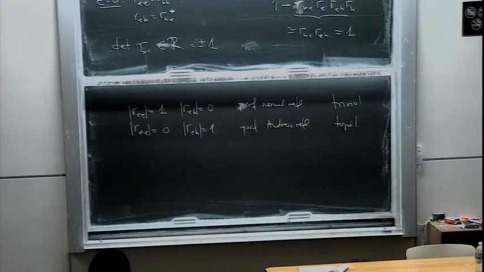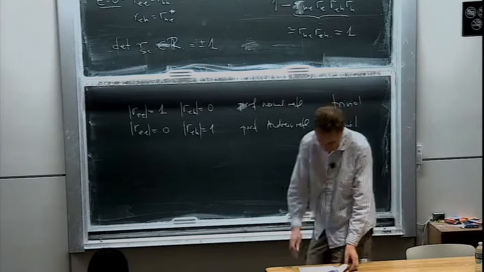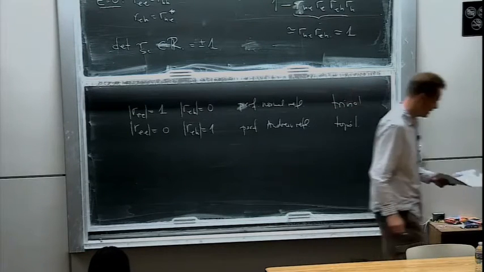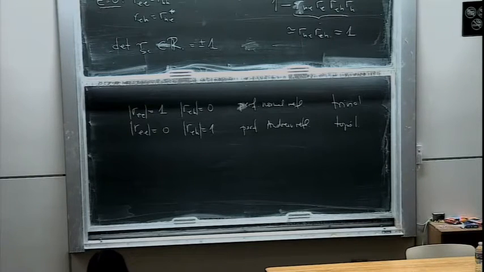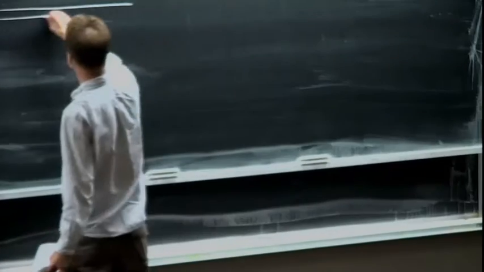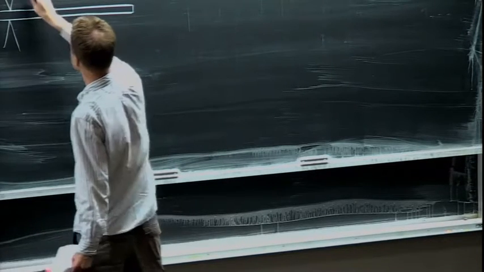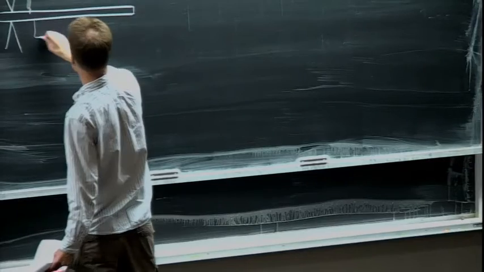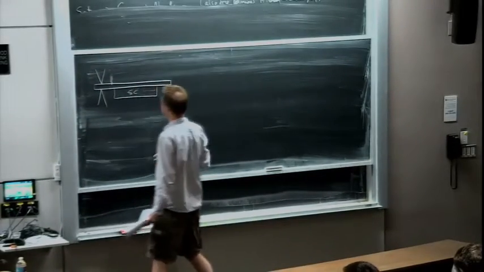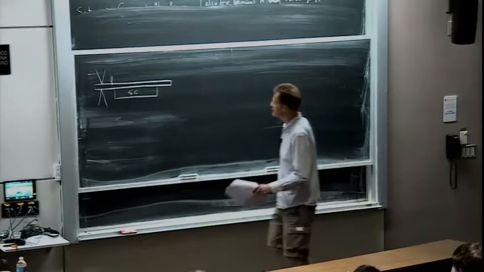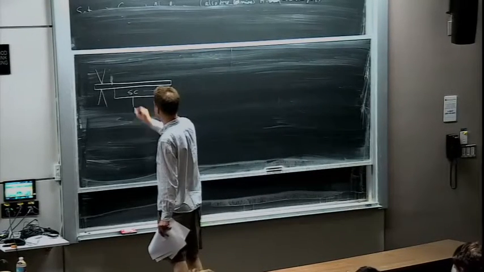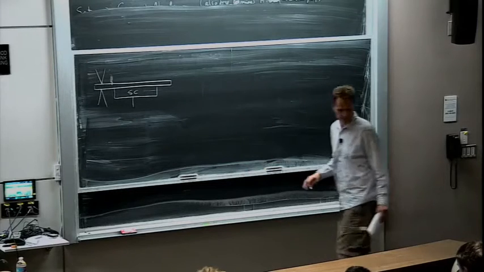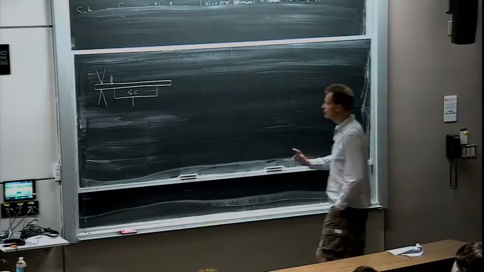So now let's change the setup a little bit and do the following. Another thing you may naturally think might be interesting is to have a tunnel barrier here. Proximity couple it to a superconductor. And now, instead of grounding the superconductor, let's leave it floating.